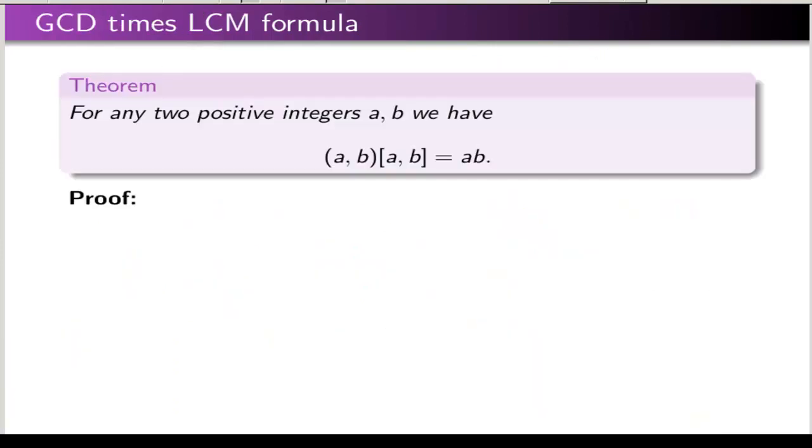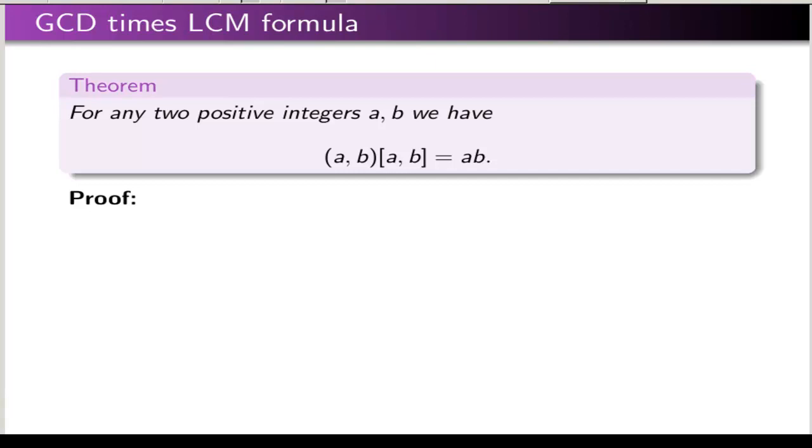Okay, now let's return to this other theorem we gave a proof of earlier. For any two positive integers a and b, the product of the GCD and LCM is the product of the two numbers. So we gave a rather mysterious proof to start, but now let's give a very straightforward one, just using prime powers.